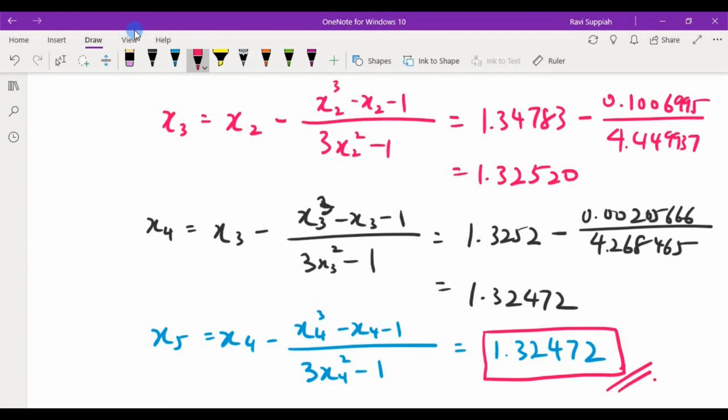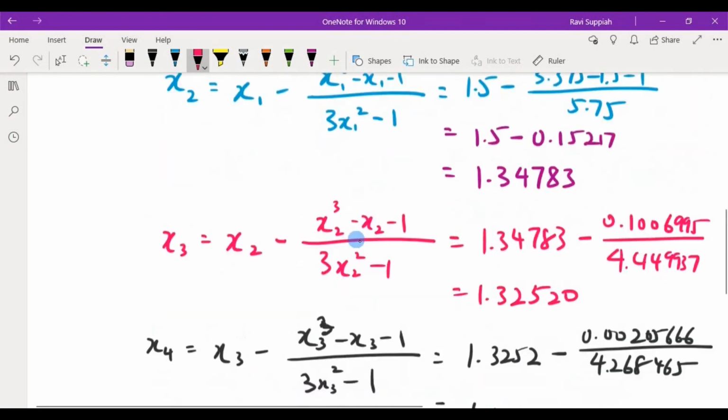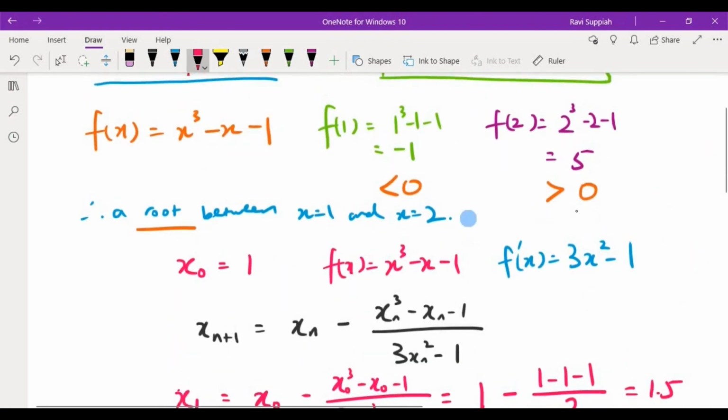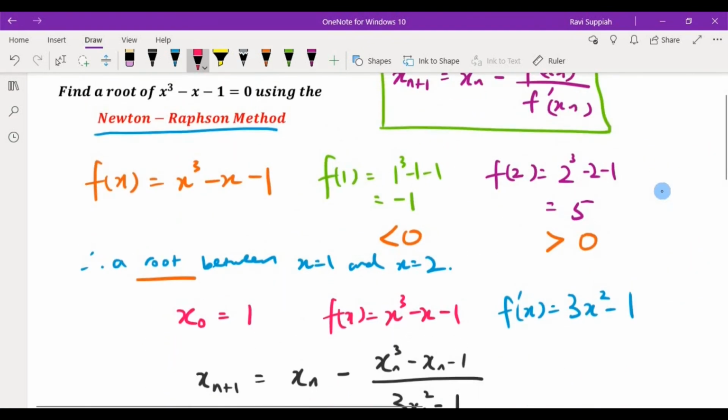So this is the root for this expression using the Newton-Raphson method. As you can see, the important step at the beginning is to make sure that you find the values where f(x) gives you a change of sign.